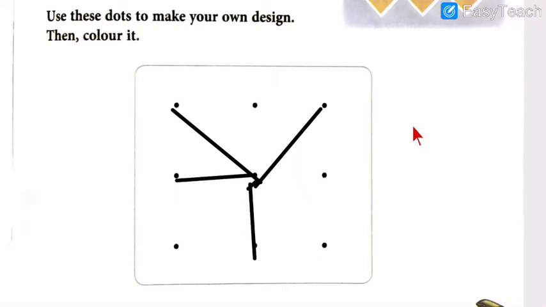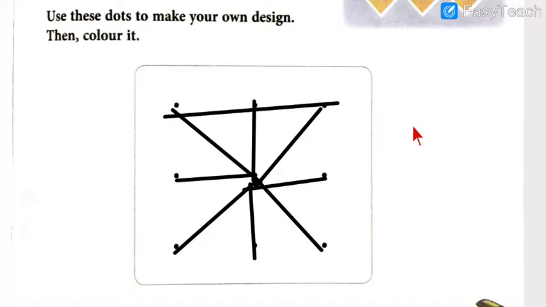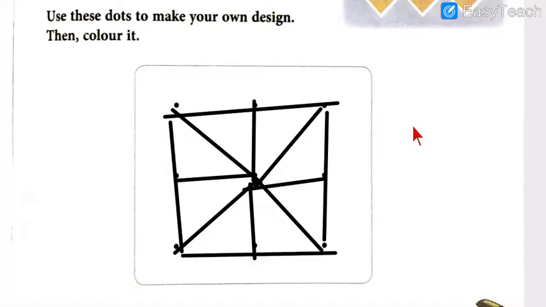It is not necessary that you will make the design which I am doing. Different designs you can make using the dots and then you can color it. I know I am not a good artist, but I just showed you what you can do with these dots. If you have the textbook, you can do it. If you do not have it, you can just take the printout when I send you the PDF file.